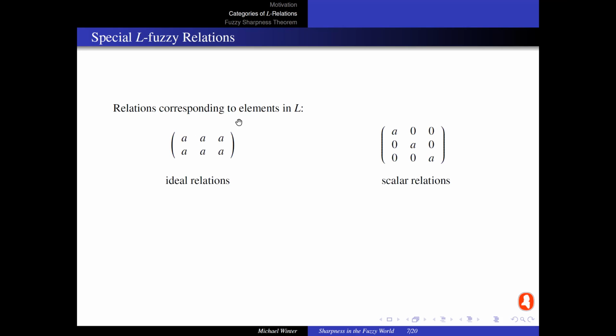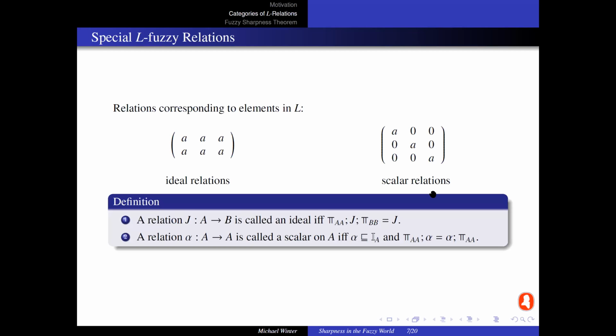Ideal relations. In a matrix form, they look like this. So basically or intuitively, these are matrices where every entry, every truth value, is A in this example, or the scalar relations, which are partial identities. So the identity, the diagonal, and they have the same value, in this case again A, on the diagonal.